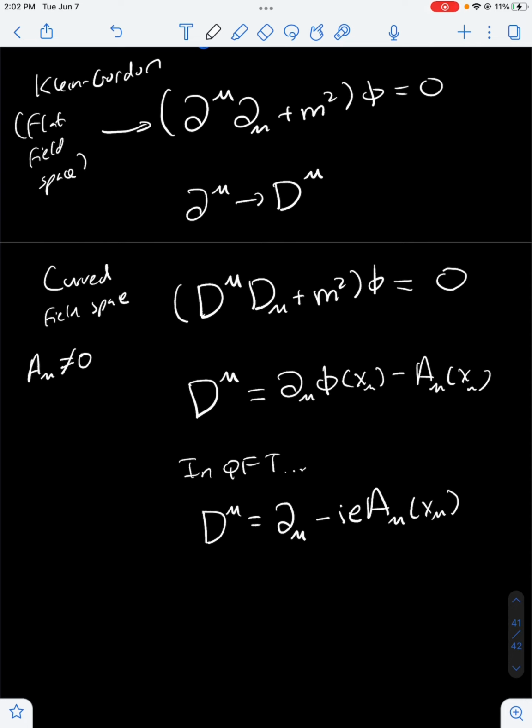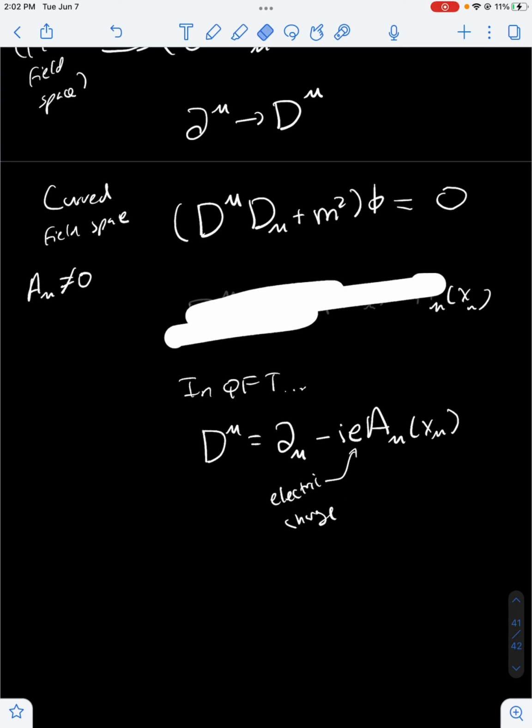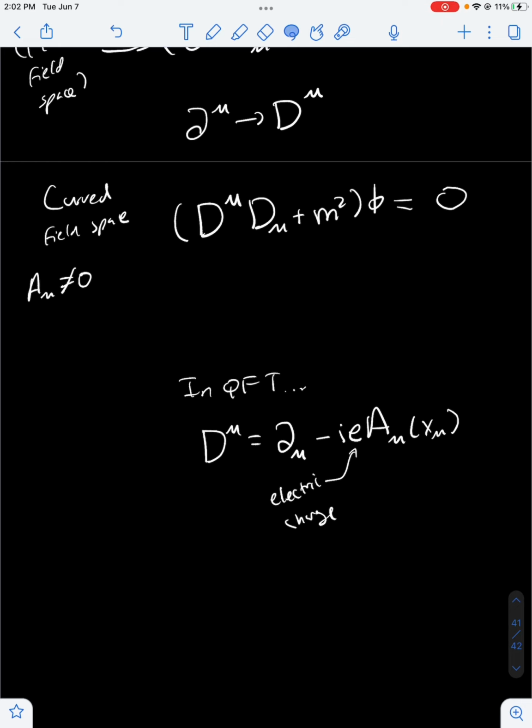So we just remove the field from there. And this e here is the QED coupling constant, also known as the electric charge. So here's our covariant derivative for QFT, or better said, QED.